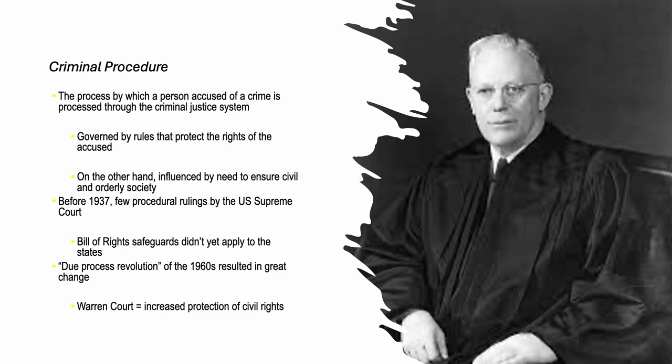Now, an example of how important the Supreme Court is to the system of criminal procedures that we use in the United States involves the individual you see in the picture there. His name is Earl Warren. Earl Warren basically ran the Warren Court between 1953 and 1969. Interestingly, he was born in Los Angeles, so very close. And what he really started was what was termed the constitutional revolution.